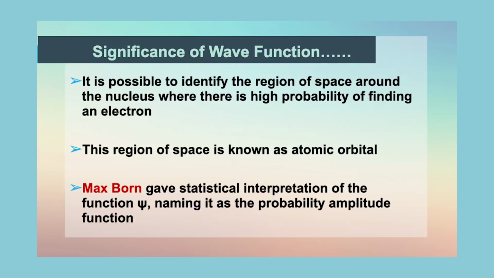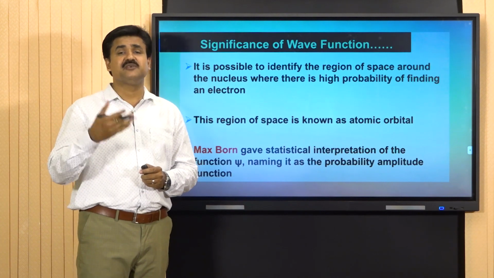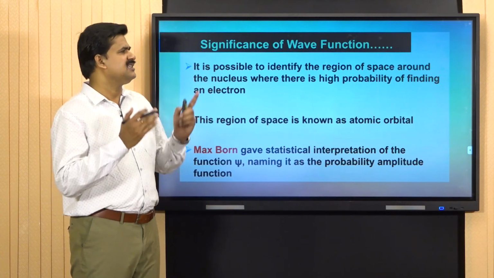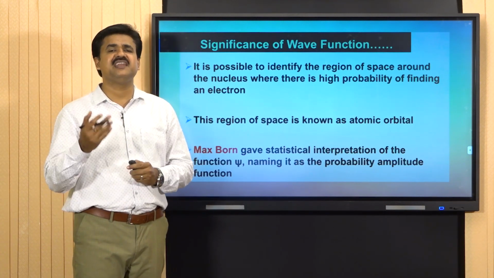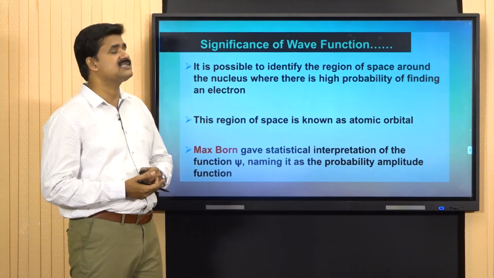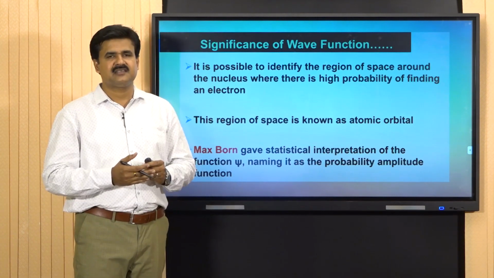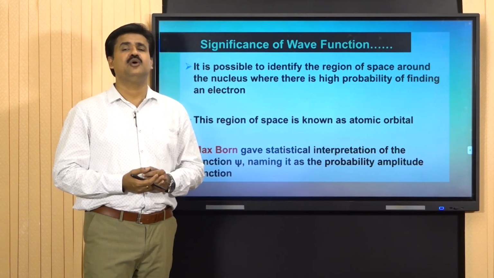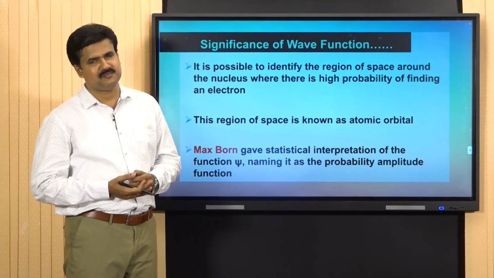Now, it is possible to identify the region of space around the nucleus where there is high probability of finding an electron by noting the value of psi square. If the value of psi square is maximum, then the probability of finding that electron will be maximum. The region where the probability of finding an electron is maximum in space is known as an atomic orbital. That is, atomic orbitals are the regions of space where the probability of finding an electron is maximum.